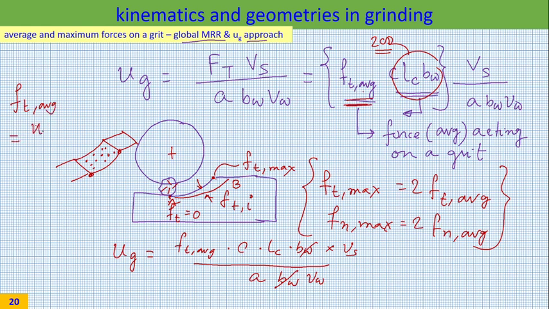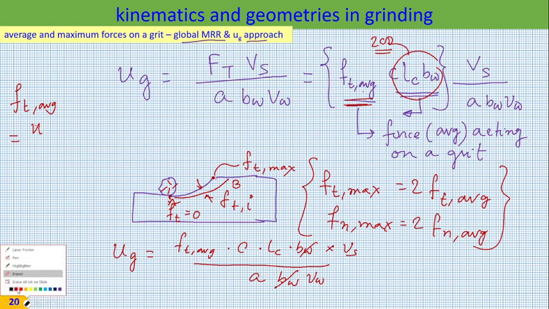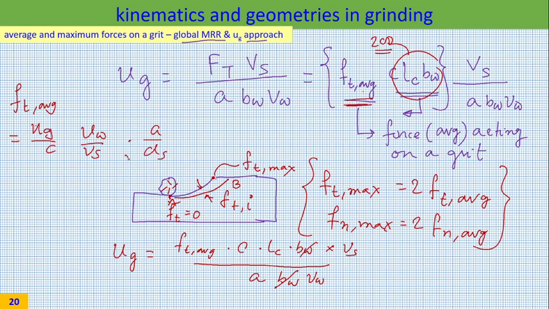Let us hope that I do not make a mistake. So it is UG by C into VW by Vs into A by ds root over. Why is it A by ds? Because here you have an A. So LC upon A, if you take out this particular term, is root over A ds by A.